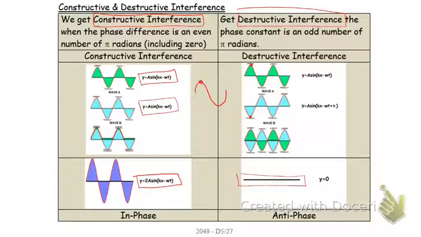If I go from a crest to a trough, that's lambda over 2, and lambda over 2 is pi radians. So when that phase angle is pi and we add them together, we get 0.